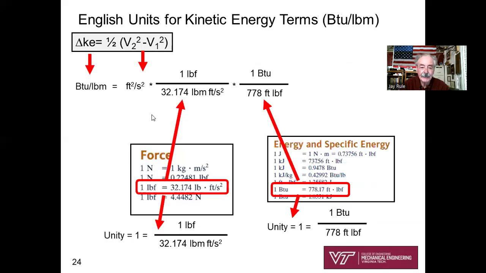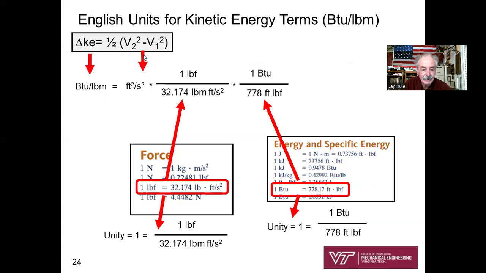Okay, let's look at English units for kinetic energy terms. Typically we want to get our delta ke in terms of BTUs per pound. This can be complex. Delta little ke is 1/2 change in velocity squared, and we want our units to be BTUs per pound mass.